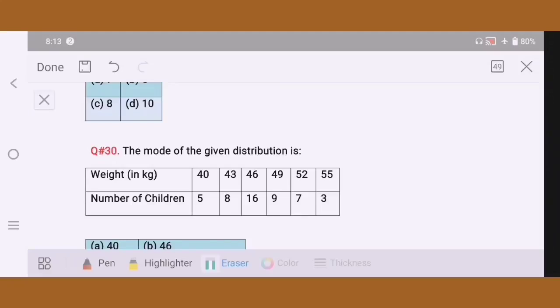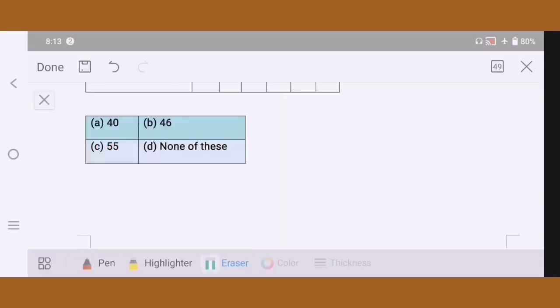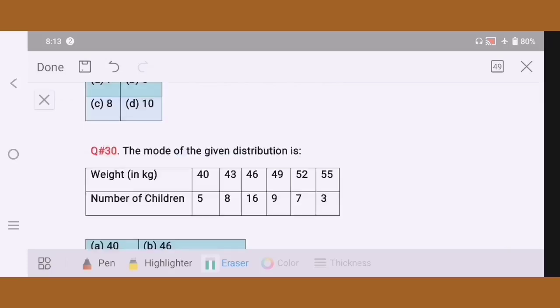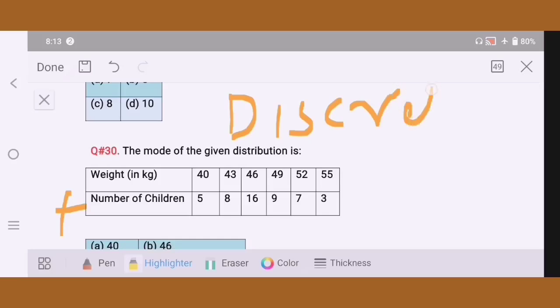Question number 30. The mode of the given data is, we have 2 rows, one for weight in kg and the second one is number of children. The options are 40, 46, 55, none of these. So here we are going to find the mode. This is the F column, a discrete grouped frequency distribution.